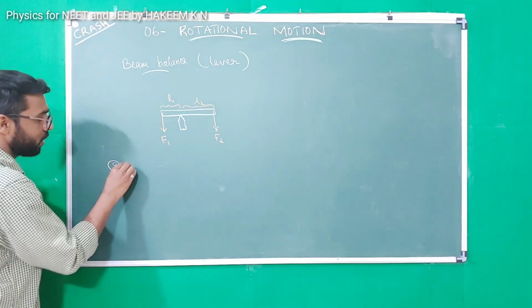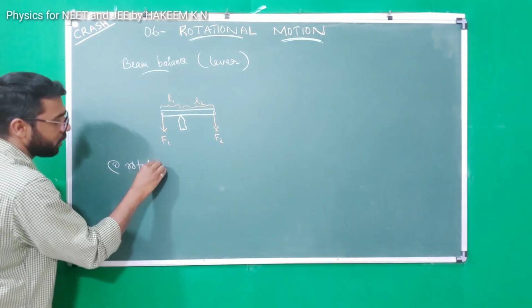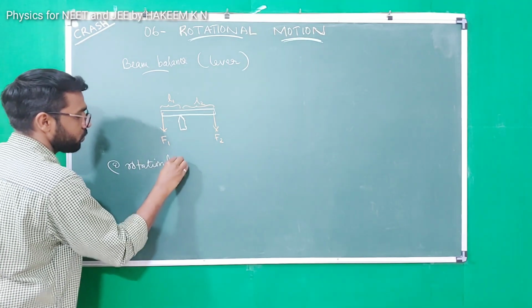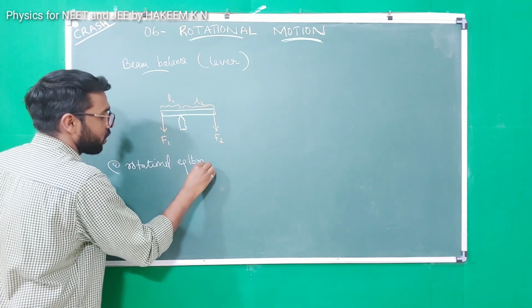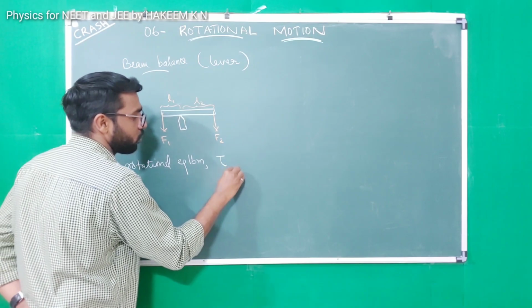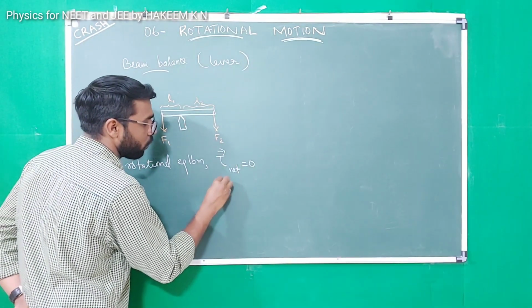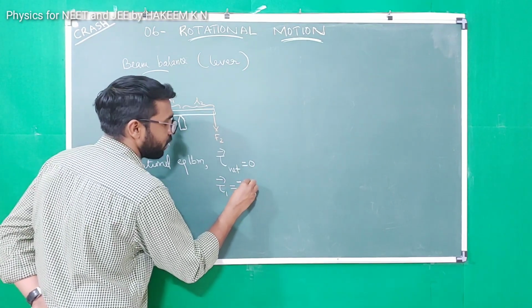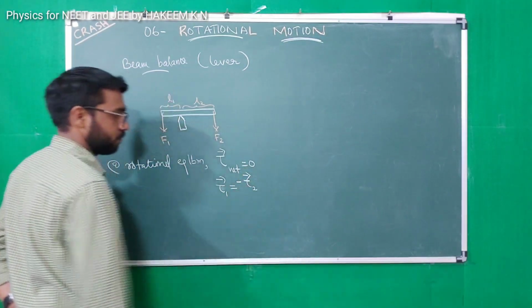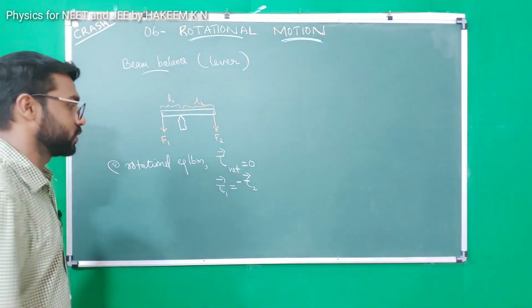So at rotational equilibrium, net torque tau net should be 0, that is tau 1 equal to negative of tau 2. Their directions are in opposite sense.